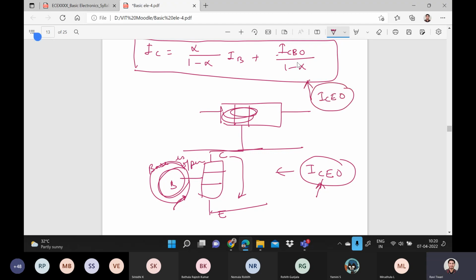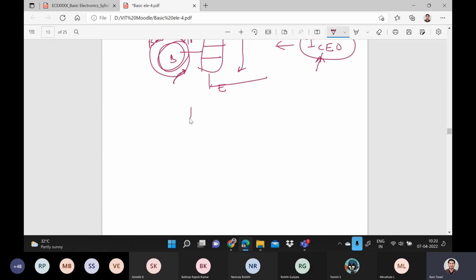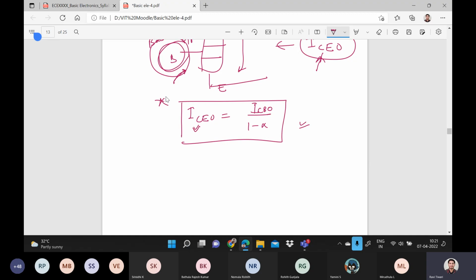So the value of ICEO will be equal to ICBO divided by 1 minus alpha. So if you know the collector-to-base current when the emitter is open, you can find out the value of ICEO by this formula. This is again the next important formula for us. So that was the common emitter. You can also see the common collector.